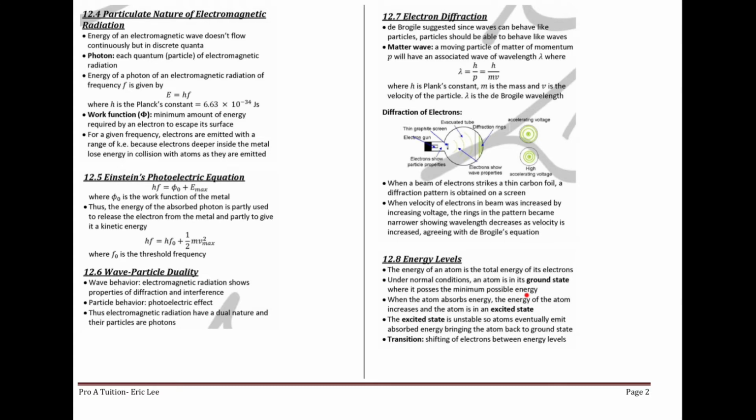For example, if you are not going through any chemical reactions, and you don't put any electricity on the atom, since you can use electricity to make it excited somehow.